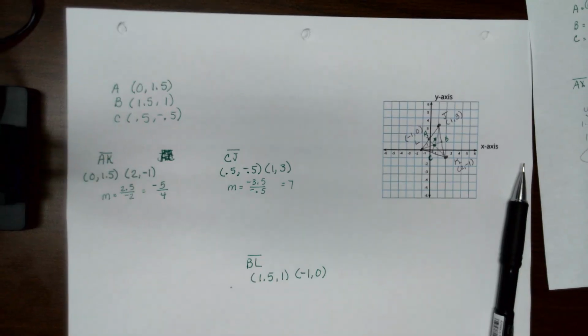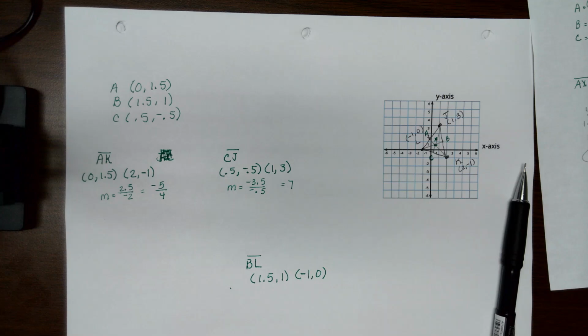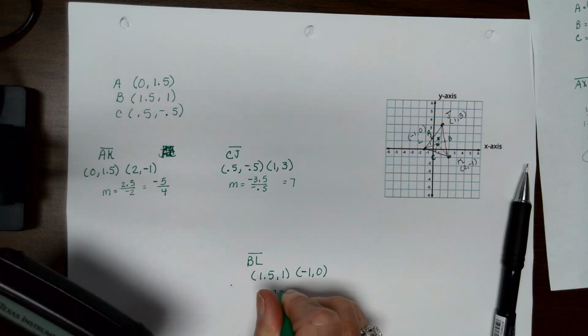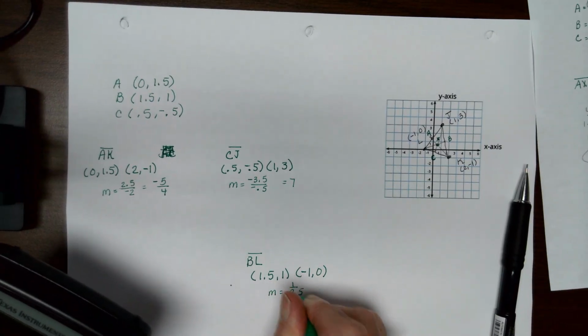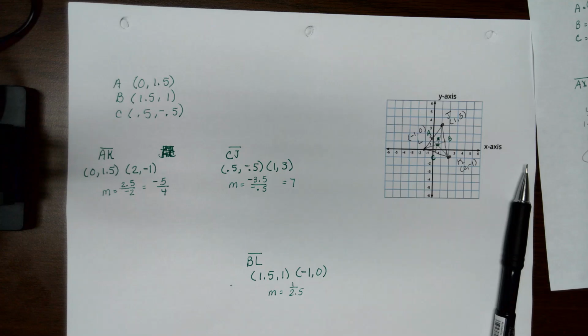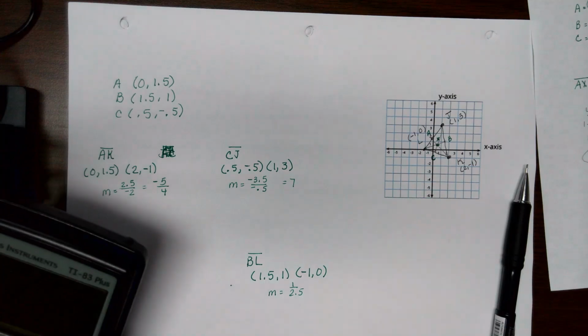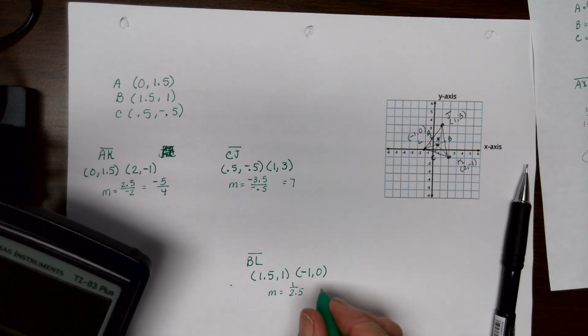And then on this one, I've got 1.5, 1 and -1, 0, and it's going to give me a slope of 1 over 2.5. So again, I'm going to make it proper. So I go 1 divided by 2.5. It gives me a decimal that I have to convert to a fraction. So that's going to give me 2 over 5.